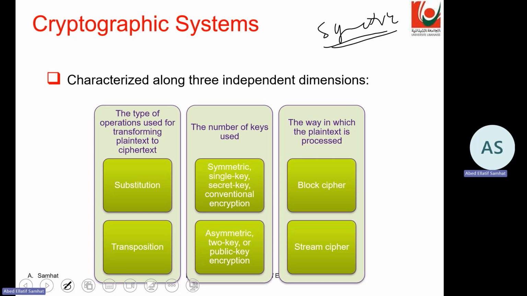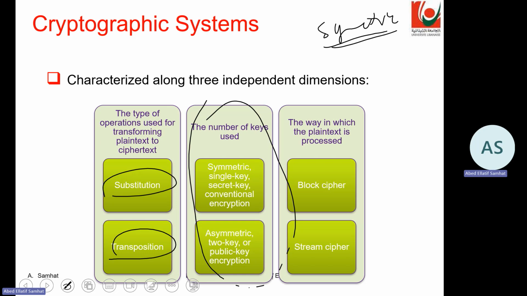We will see what a substitution is, what a transposition is, and after that the number of keys that could be used. Here we will see symmetric, which is single key or conventional encryption. We will see also asymmetric, which is public key or two-key encryption, and we will see whether we have a block cipher or a stream cipher. We will see those details in the next chapters.